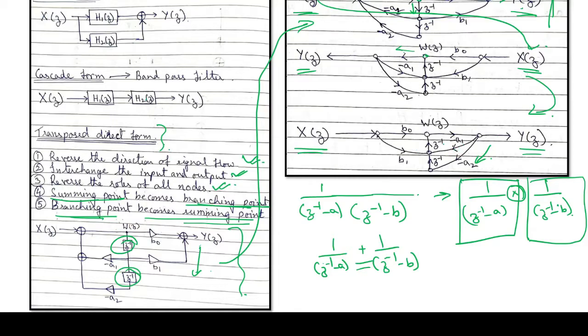And when you have a feedback system, it allows you to design stable filters in a much more efficient way. If you look at what we have done, we have converted our direct form 2 realized filter into this transposed direct form realized filter.